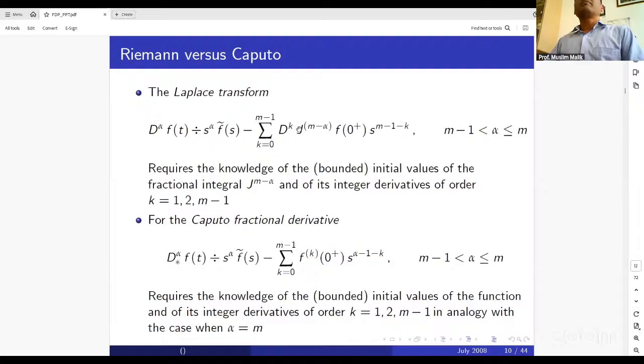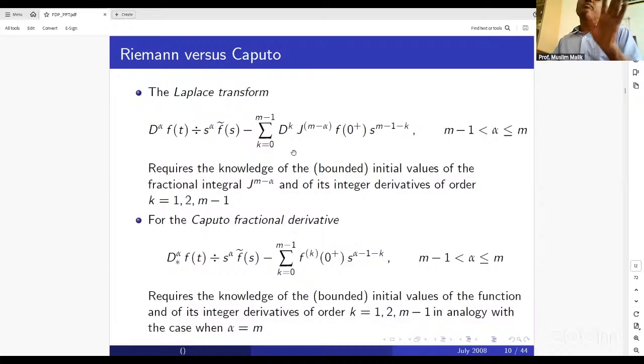So the Laplace transform, how can we find the Laplace transform? The Laplace transform of f(t) will be given by this formula. Okay, it requires the knowledge of bounded initial values of the fractional integral J^(m-alpha). Why do we need the boundedness of the initial values here?